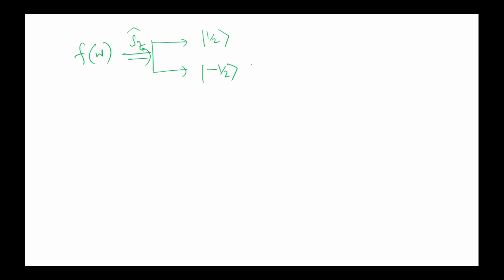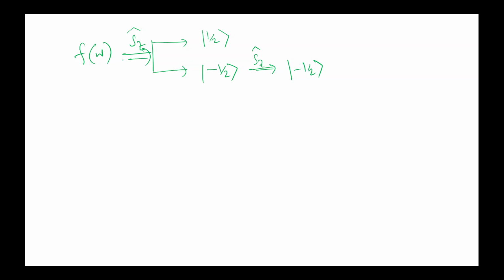now let's say I operate the Sz operator on this minus half eigenfunction. What will I get? Here we'll also get minus half, because now my state is frozen in this minus half state.